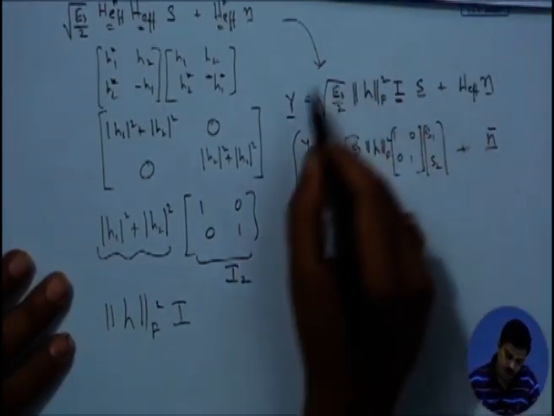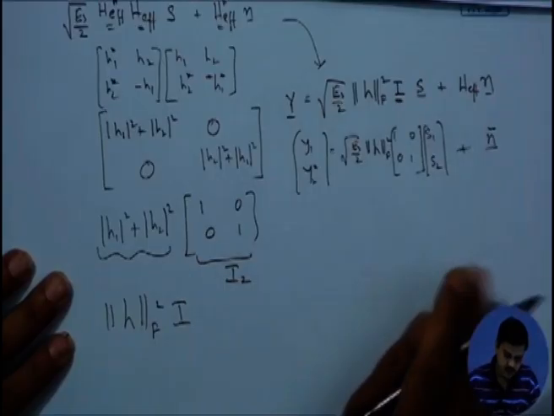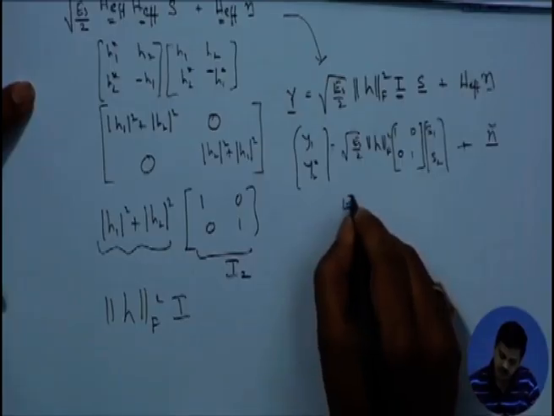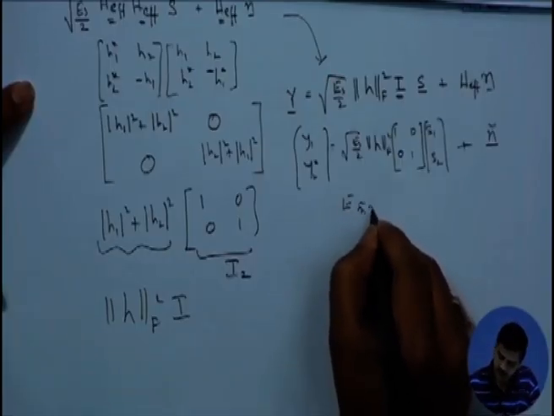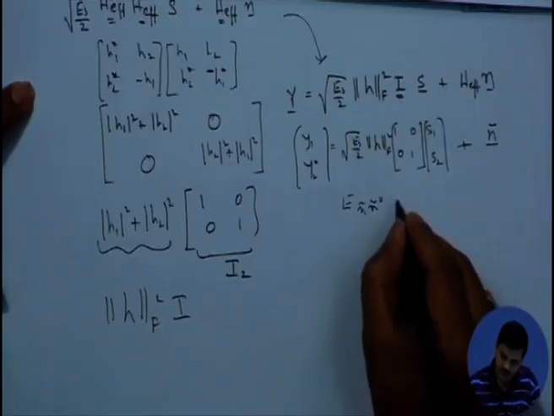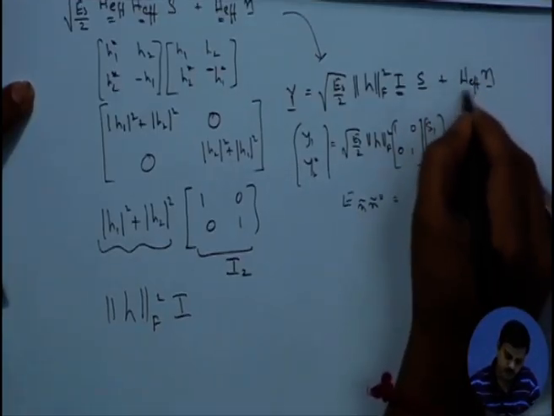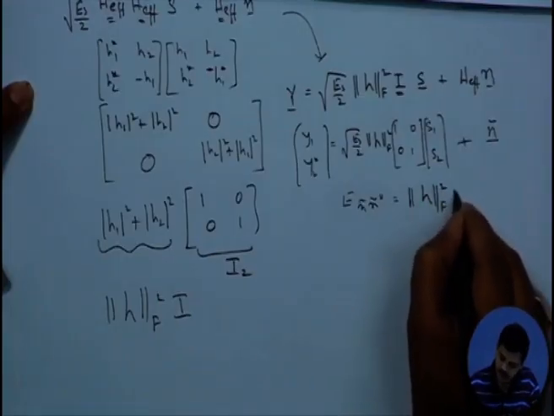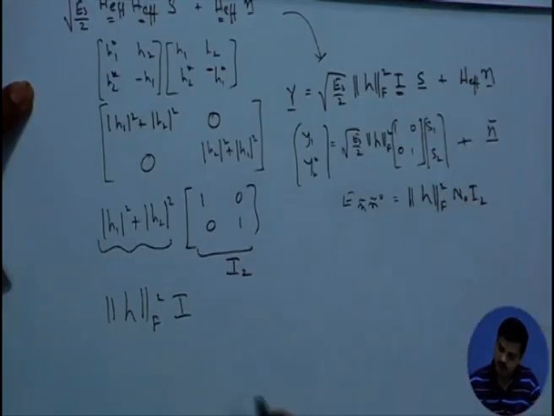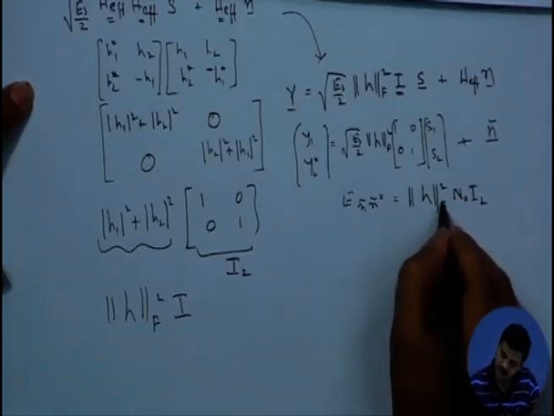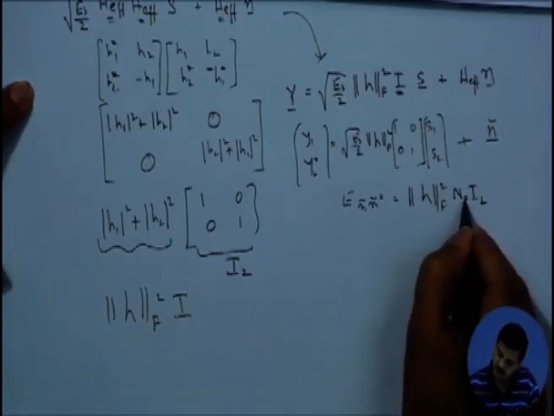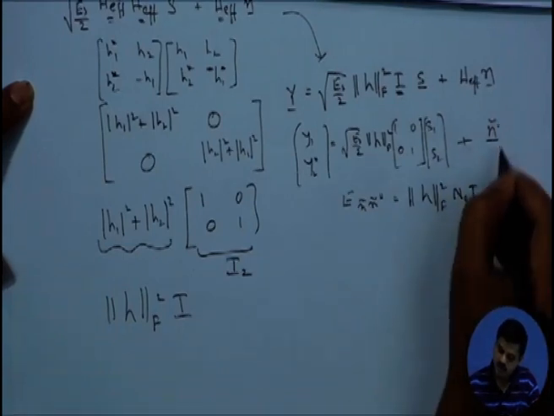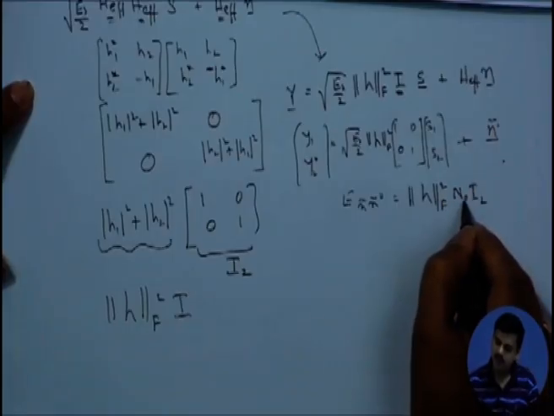And now we'd like to calculate the signal to noise ratio for this particular case. So we also need to calculate E of n tilde n tilde Hermitian, and from this we can clearly see it would turn out to be h_F squared N0 times I2. That means n naught is the variance and I2 is the identity matrix, so each of the noise coefficients is h_F squared times N0.